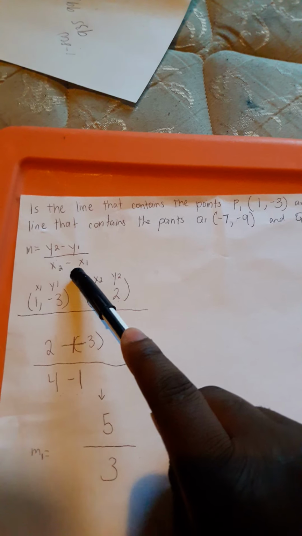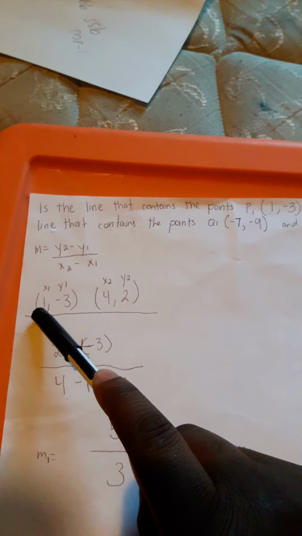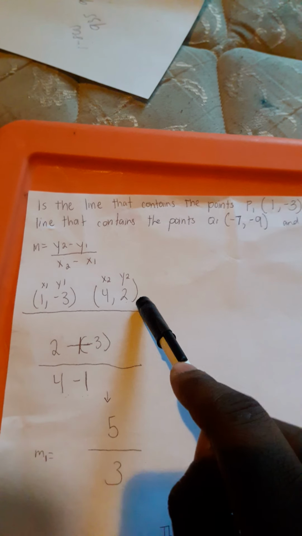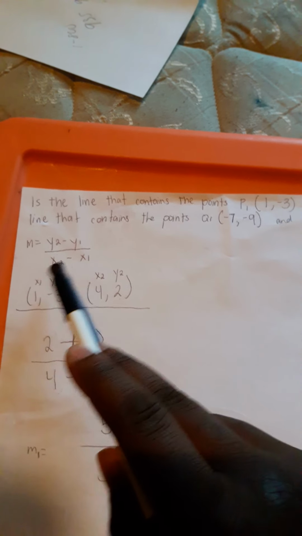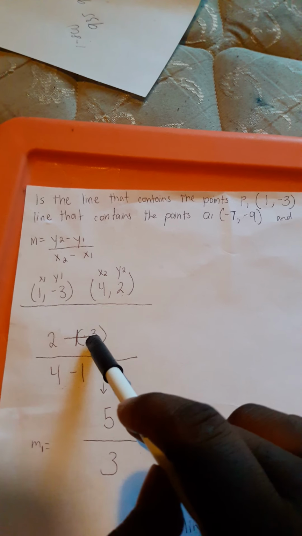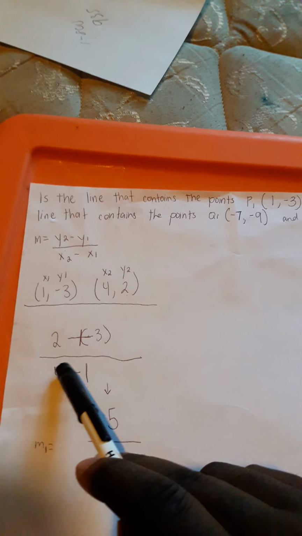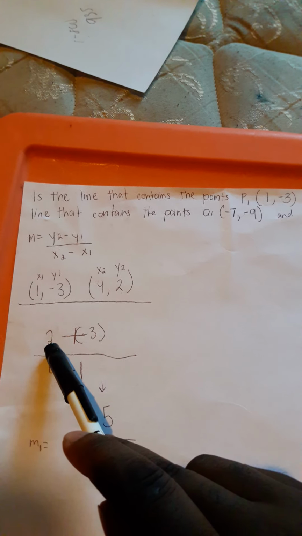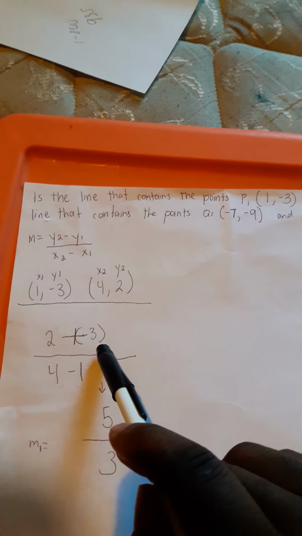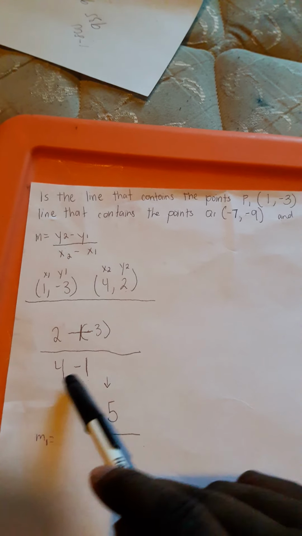I'm sorry, I totally forgot the name, but we're going to use this equation again. So this is going to be x1, y1, x2, y2. So you plug them in where they're supposed to be. So basically it was 2 minus -3, which you can make positive, which will equal 5. And then 4 minus 1 is basically 3.